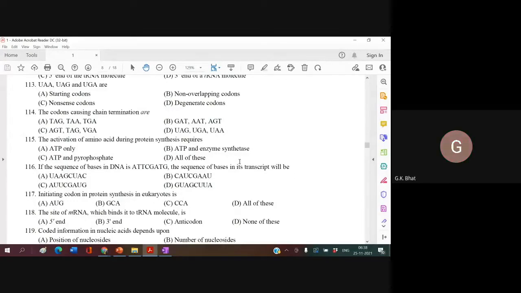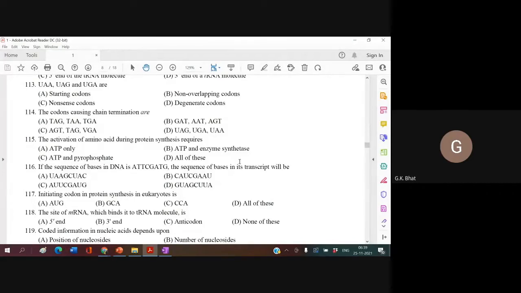A. 117. A. 118. C. The site of mRNA which binds it to tRNA molecule is none of these. None of these.